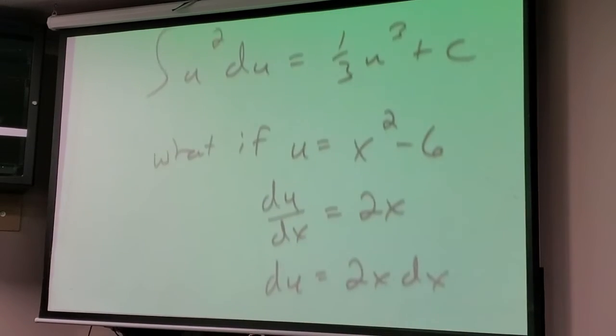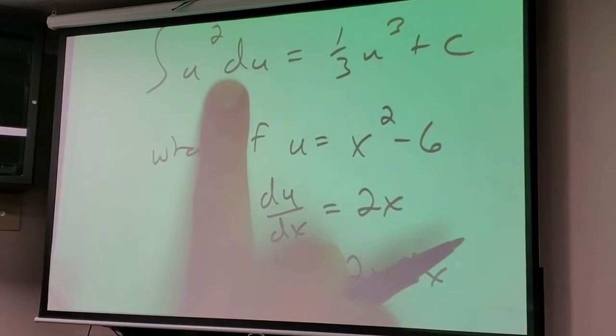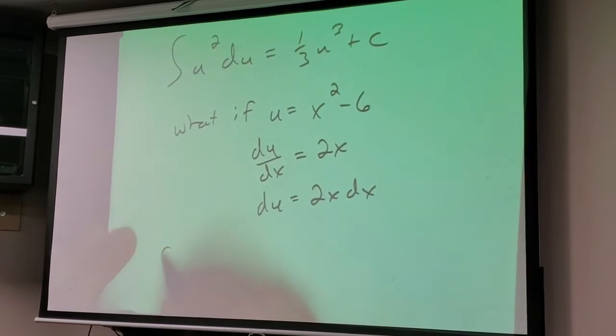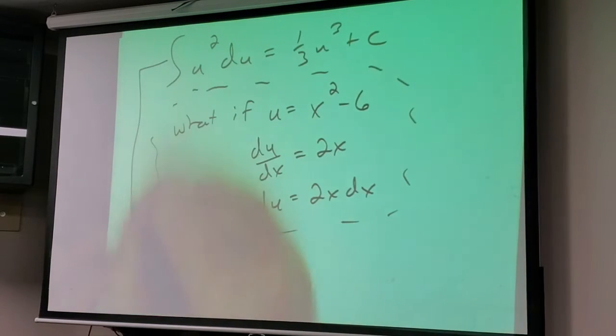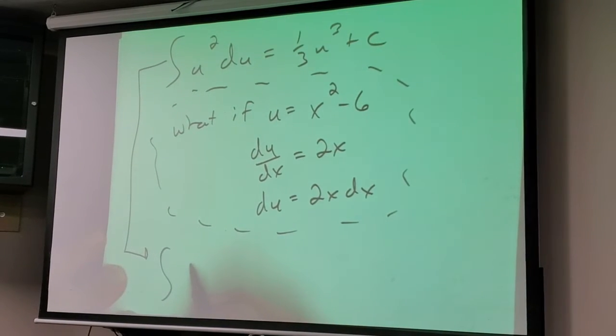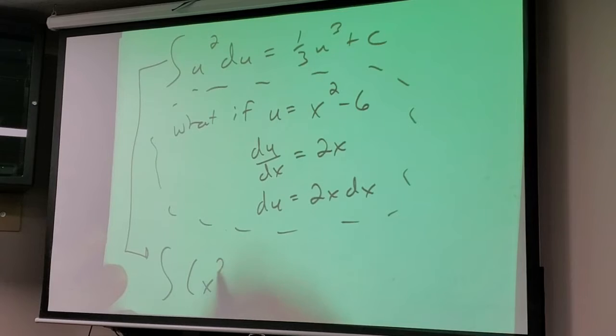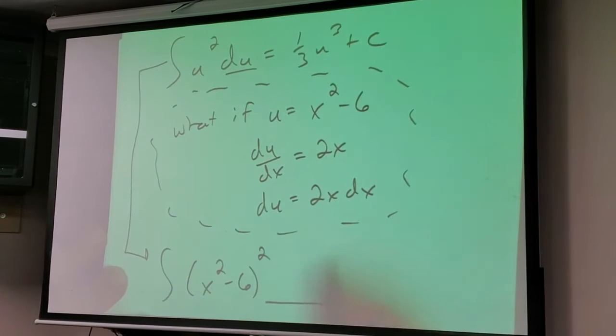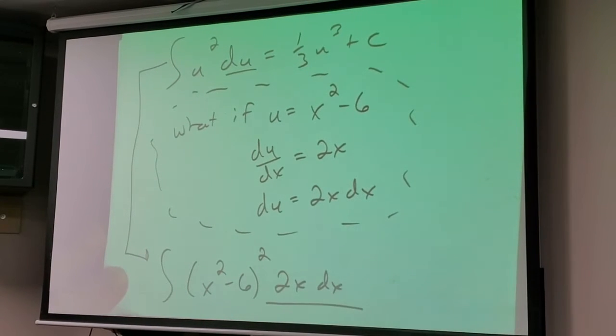So look at this. What does this become then with those replacements? Doesn't that become the integral? What did we say u was? X squared minus 6, right? And what's du? 2x dx.